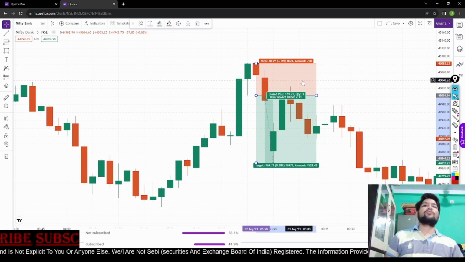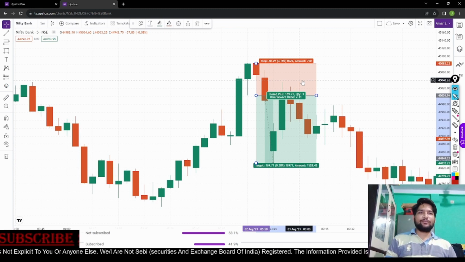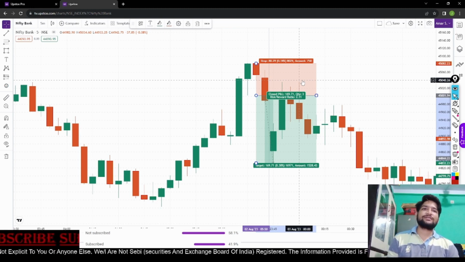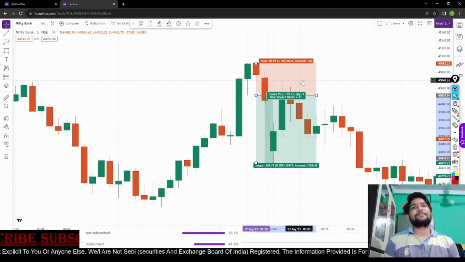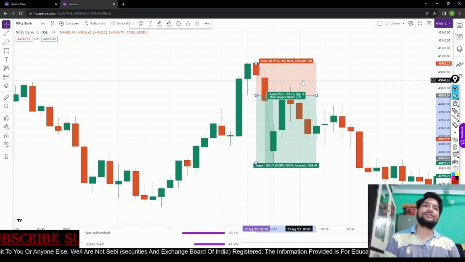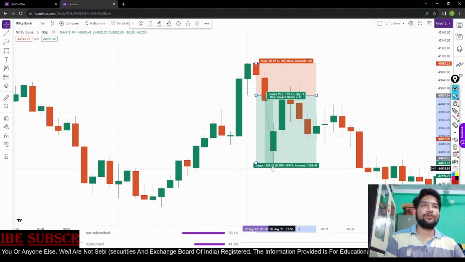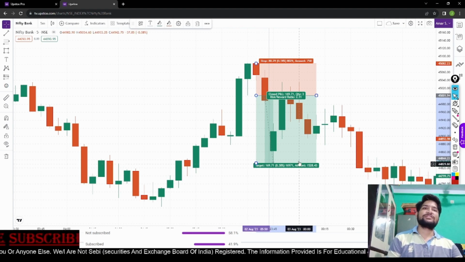So we have 18 points of stop loss, and the target is 169.71 points, and since it is a movement of 300 points, we have a 50% target, which is 150 points, and here we are at 169 points of target.